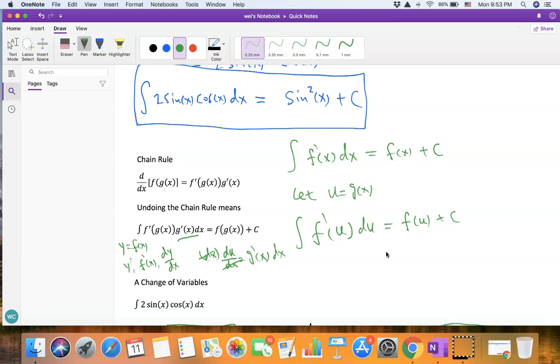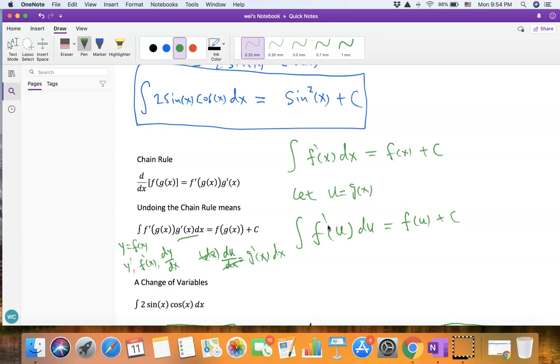Now, the advantage of doing this is we don't have to consider what g of x is. We don't need to find what little g is. We just need to find the antiderivative of this function, little f prime.